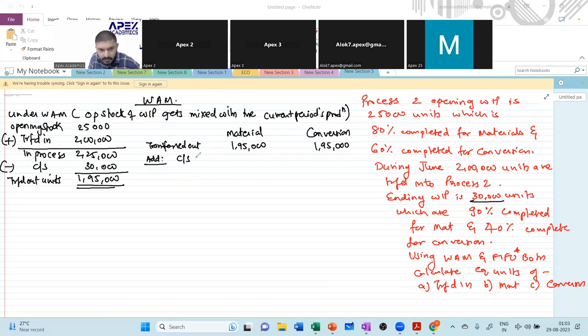Add closing stock of WIP. How many units? 30,000. How much percentage completed for materials? 90%.